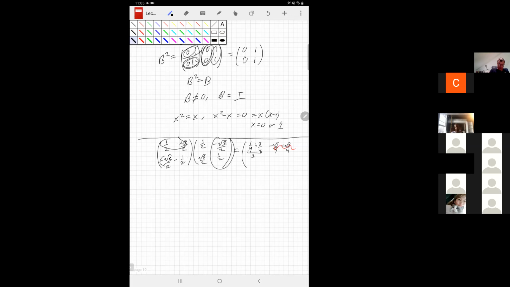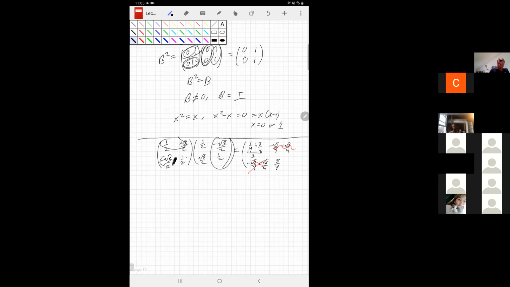Minus √3 over 2 times 1/2 is minus √3 over 4. And why did I put a minus sign there? That should just be 1/2. 1/2 times √3 over 2 is √3 over 4. That goes to 0. And then minus √3 over 2 times minus √3 over 2, we get 3 over 4.